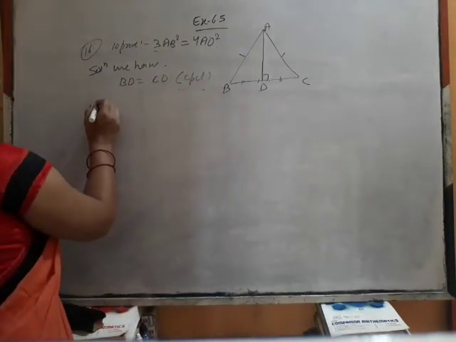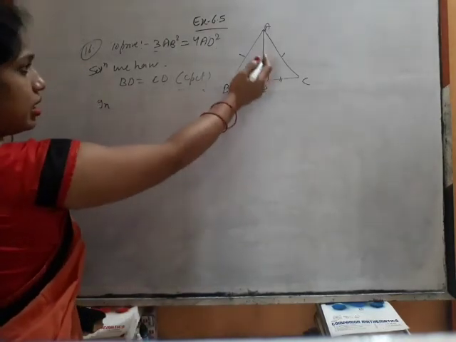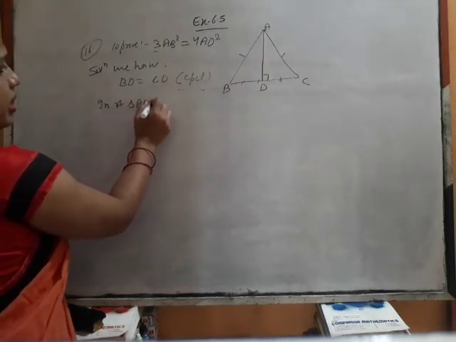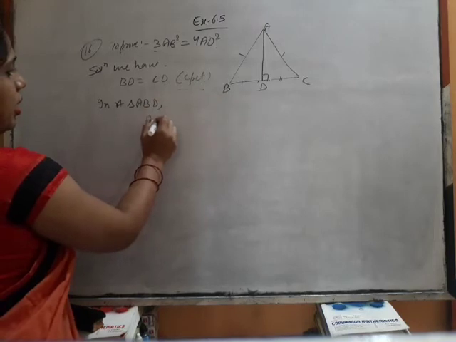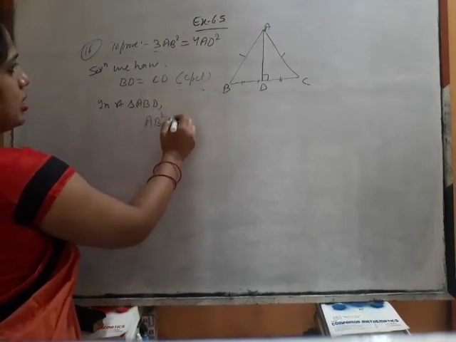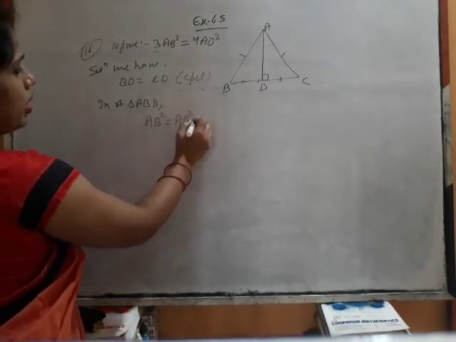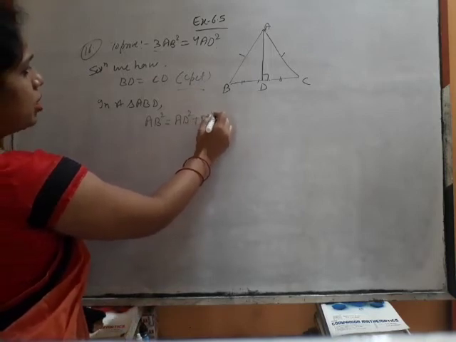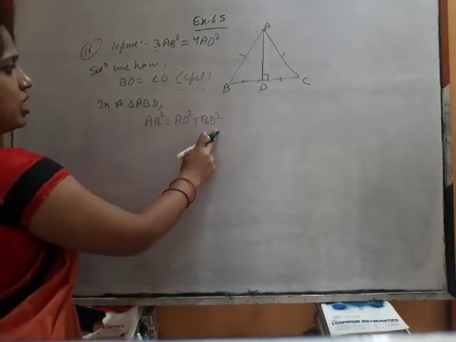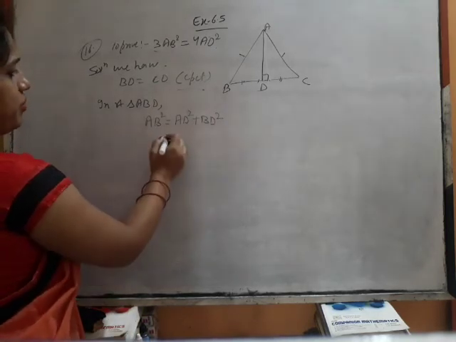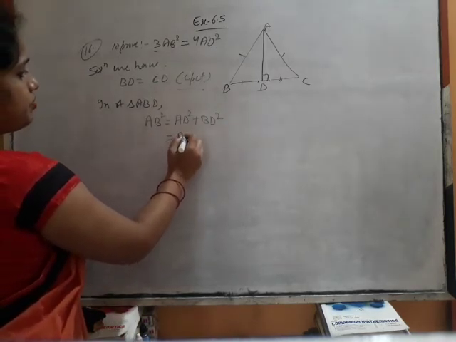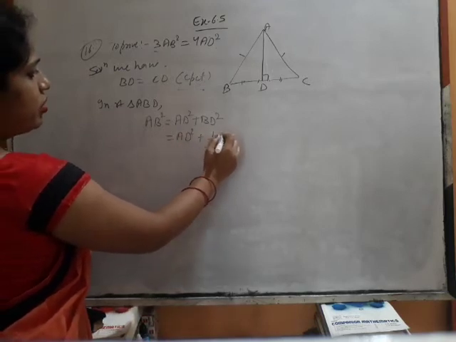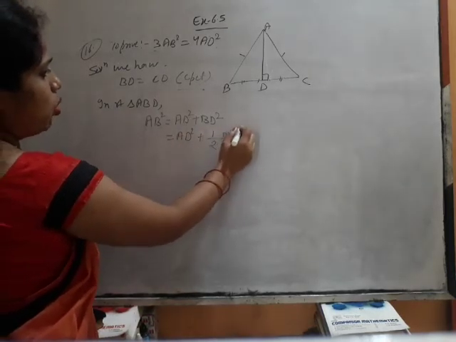Then now we use, since it is an altitude, in right triangle ABD, AB square is equal to AD square plus BD square. BD is equal to CD, so BD will be half of BC. So this is AD square plus BD, which is half of BC, whole square.